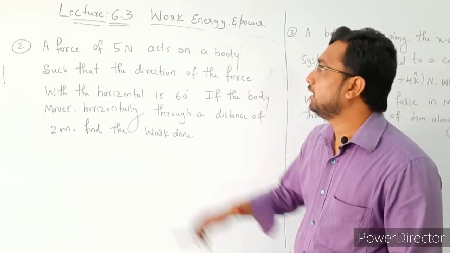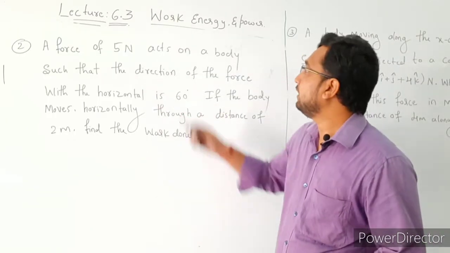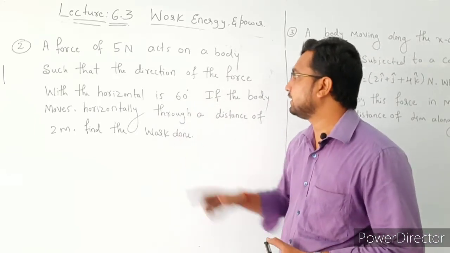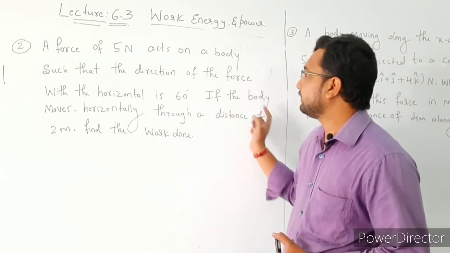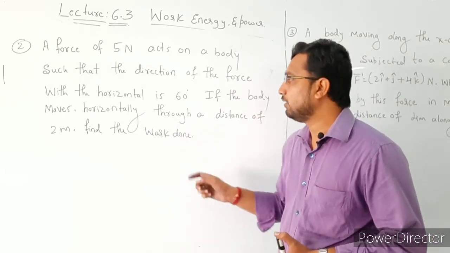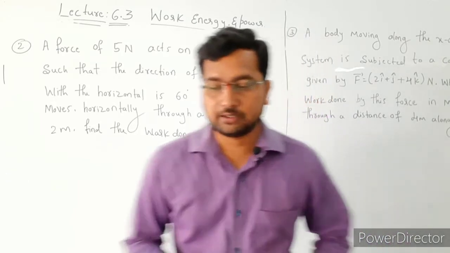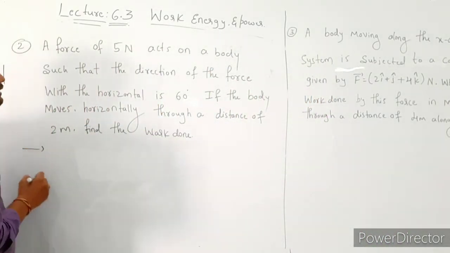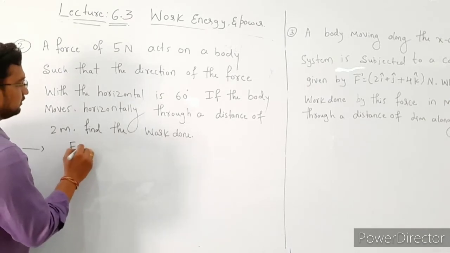See the problem here. A force of 5 Newton acts on a body such that the direction of the force with the horizontal is 60 degree. If the body moves horizontally through a distance of 2 meter, find the work done. The given terms here: force is 5 Newton.